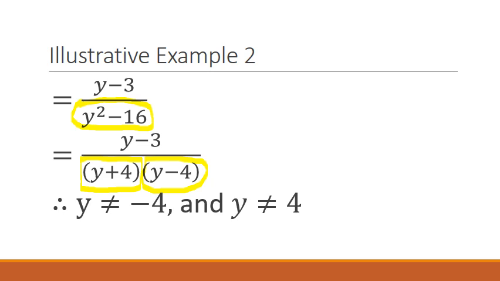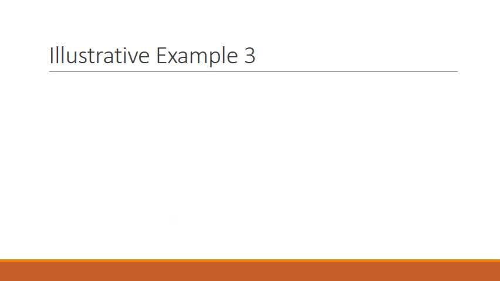The other one is y minus 4, and we can have the value as 4. So therefore, we have two values which are now excluded. Those are negative 4 and positive 4. It's very easy, guys.